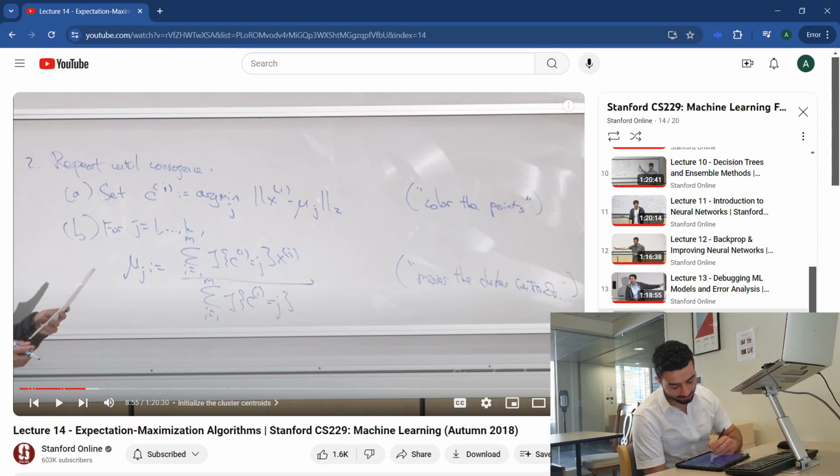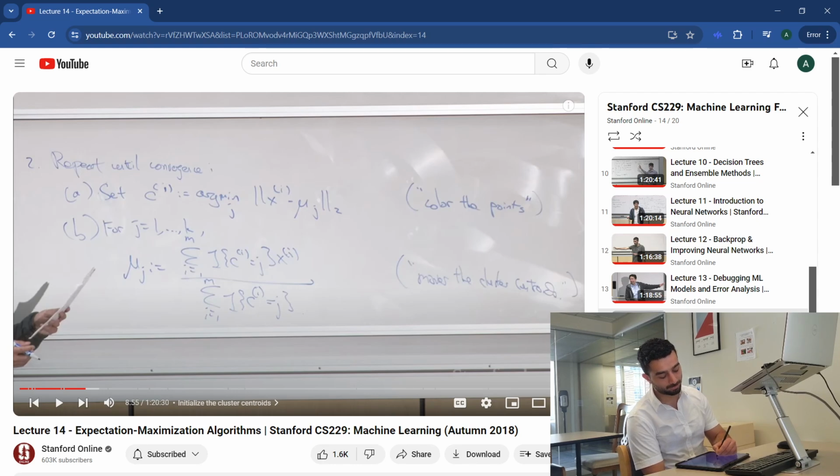So ci is argmin over j of the norm 2 of xi minus mu j, for each j.